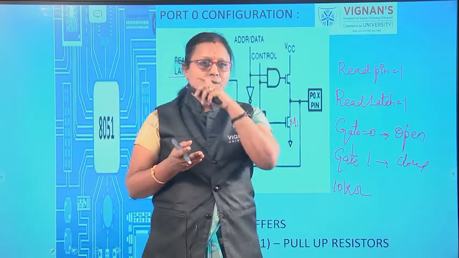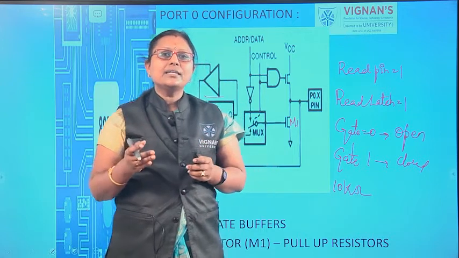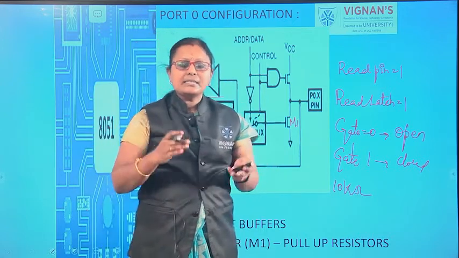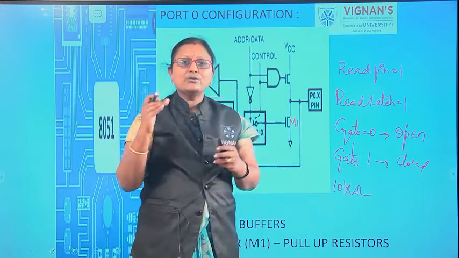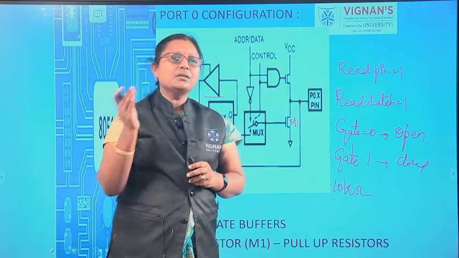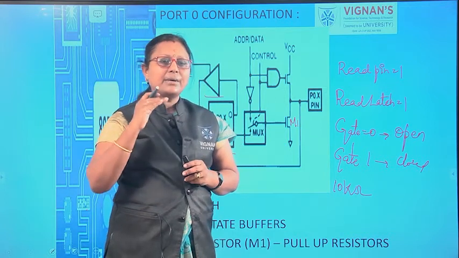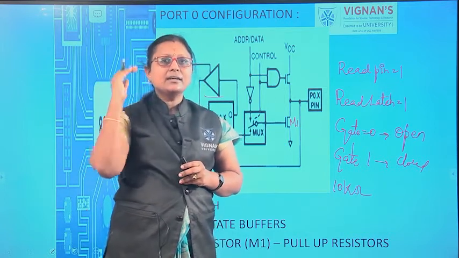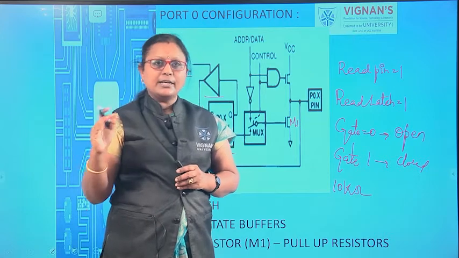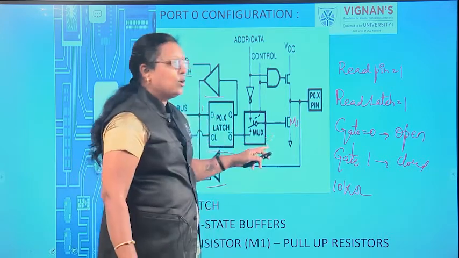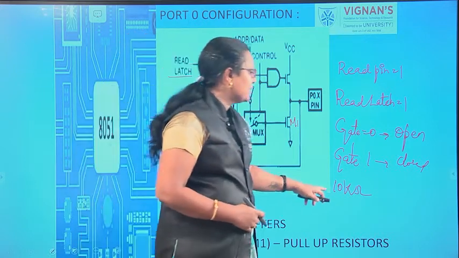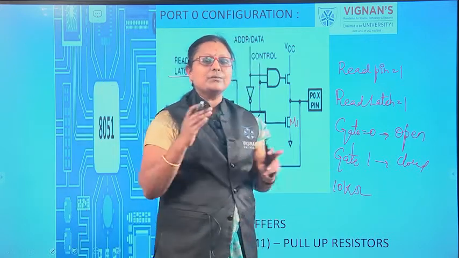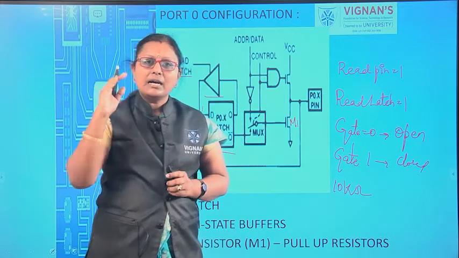Those pins have to be connected to the supply, and this is done by the pull up resistors. So unused input pins will be connected to the supply, and it will maintain the voltage at high level throughout the entire process. It will not move to any low state. So the pull up resistor is used to keep the unused pins always at high level.